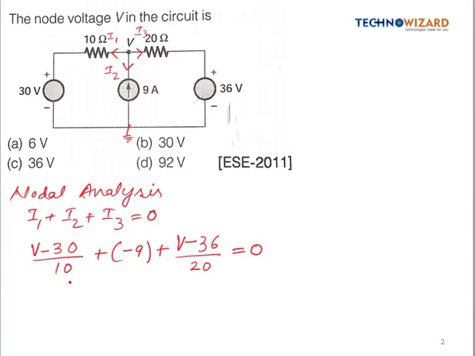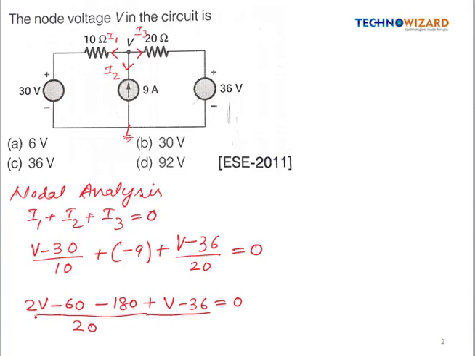Now let's take the LCM, which will be 20, so it will be 2V minus 60, minus 180, plus V minus 36, is equal to 0.